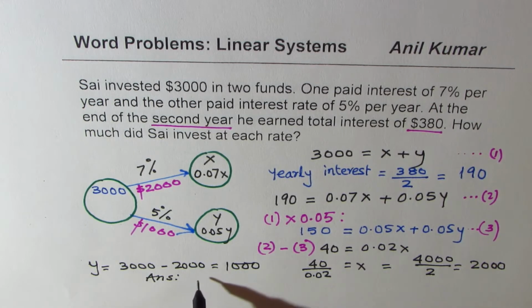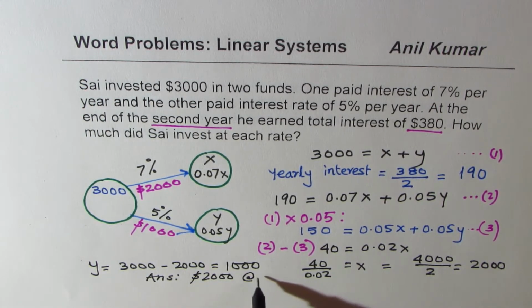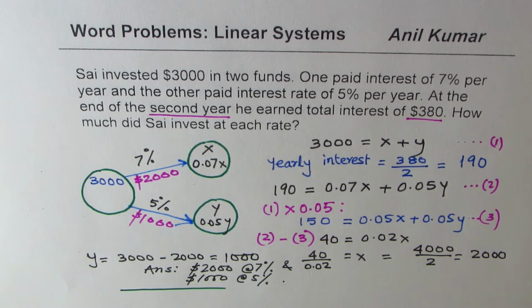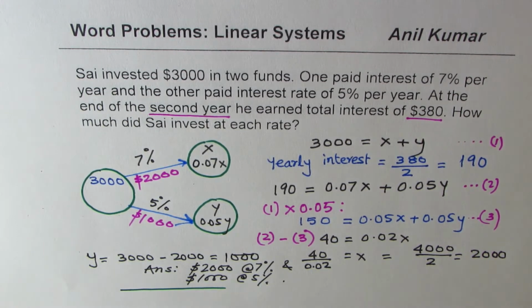The investment is $2,000 at 7% and $1,000 at 5%. Does that make sense? So if you solve like this, you easily get the solution of all such questions. Perfect. Now let's move on and take other kinds of questions.